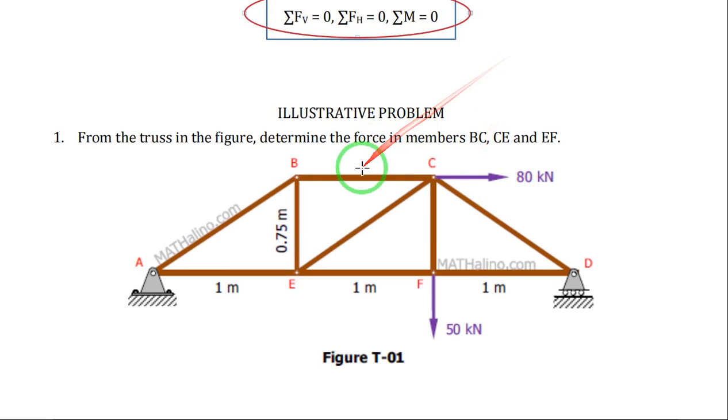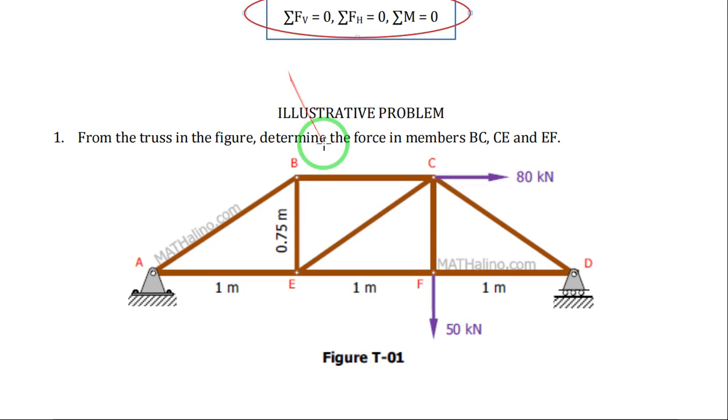We have this member BC, this diagonal member CE, and this member EF. You see we have three unknowns, but we also have three available conditions of equilibrium, meaning we can solve the problem.